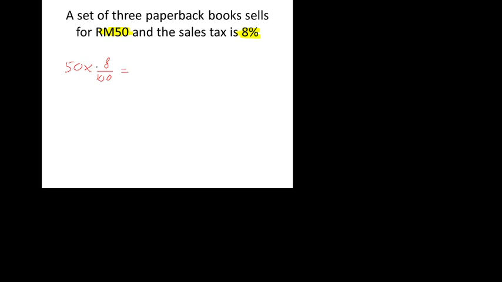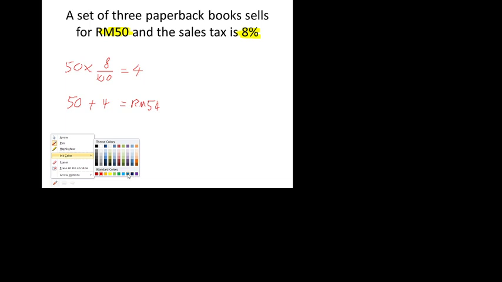So 50 times 0.08, we get 4. So 8% of the 50 ringgit is 4 ringgit. Because this is tax, we plus. So the total price now is RM54.